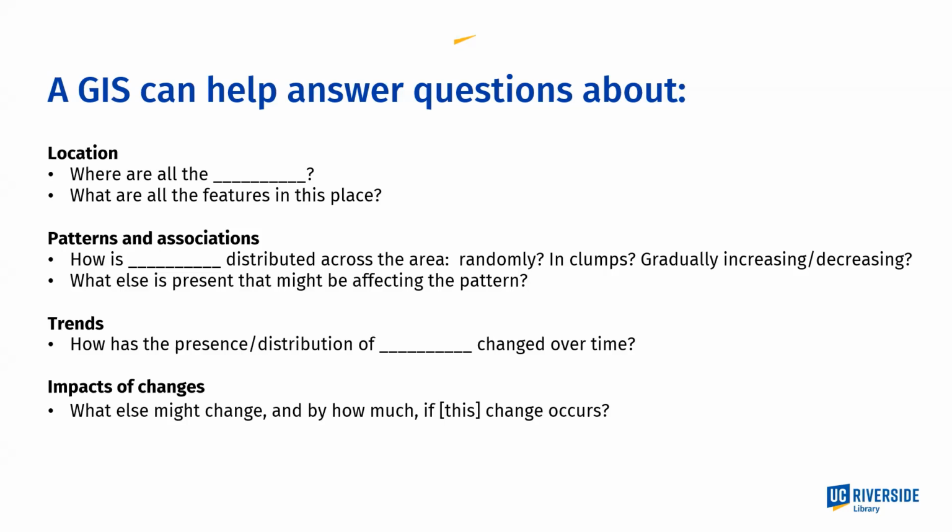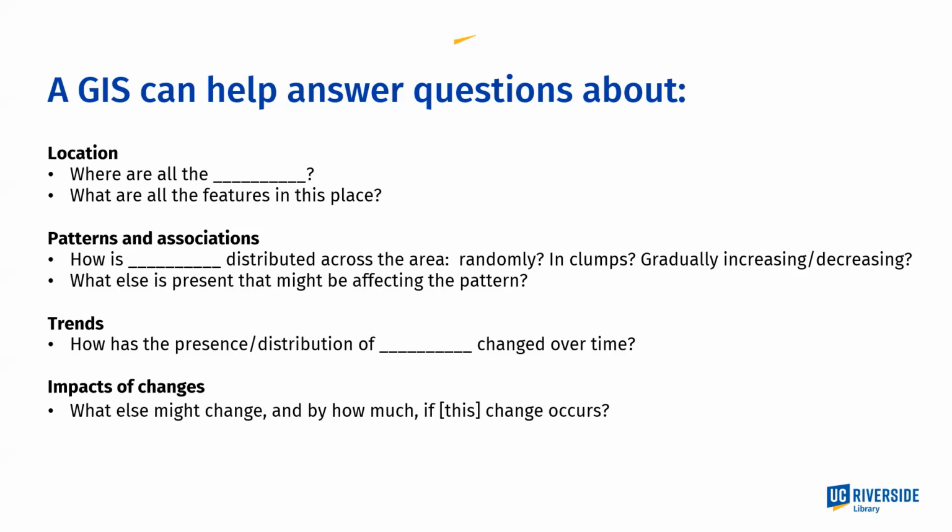Now, moving on a little bit to getting a little more analytical, we can look at patterns and associations. If you think of this thing, whatever it is, whether it's a feature that relates to the natural world or to humanity and the social sciences, how is that thing distributed across my area of interest?